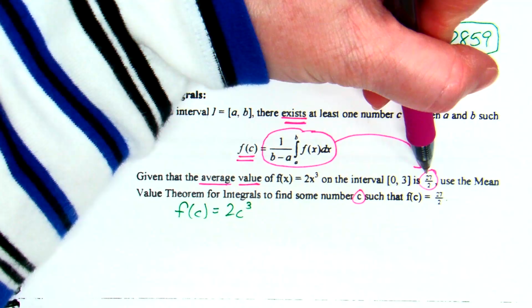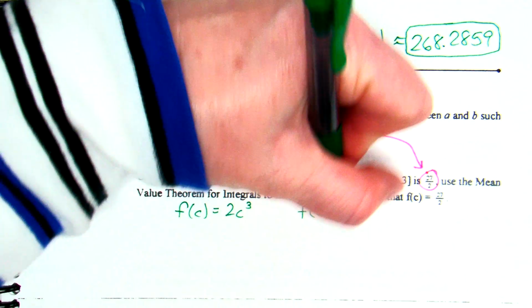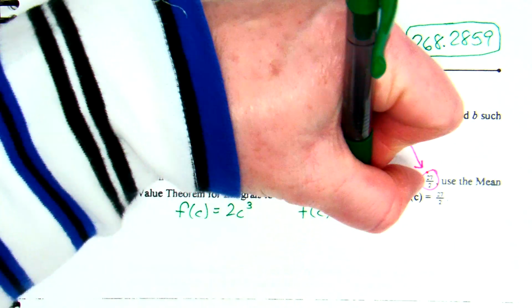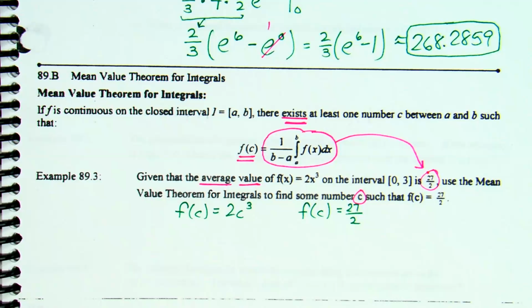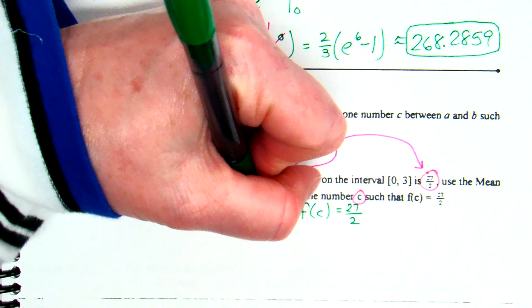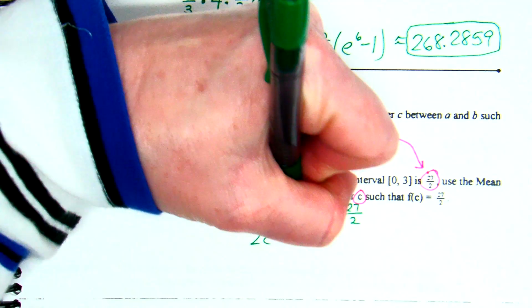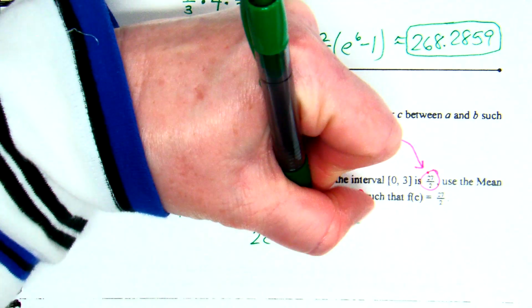So we know f of c, when I plug c into my original function, is 2c cubed. We are also told that f of c equals 27 halves. What's the equation I can set up here? Set them equal to each other. 2c cubed equals 27 halves.